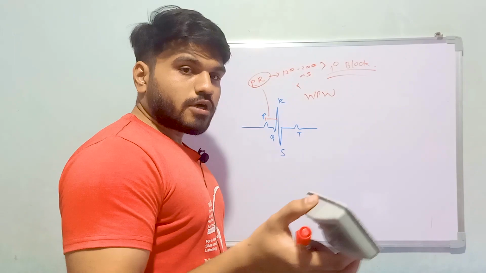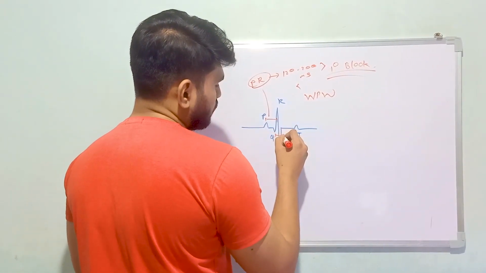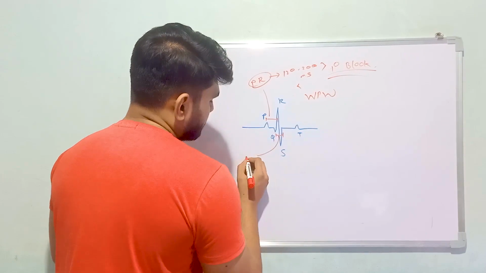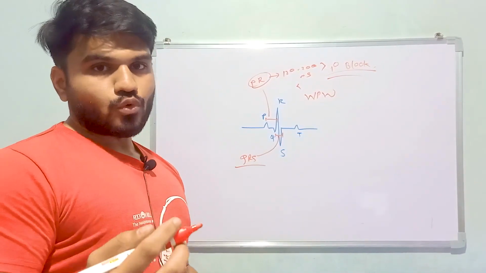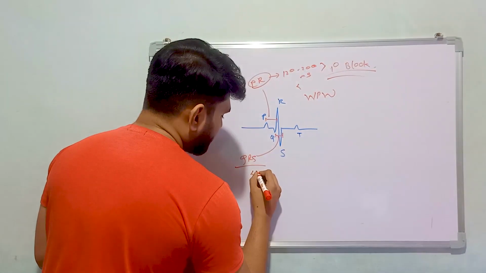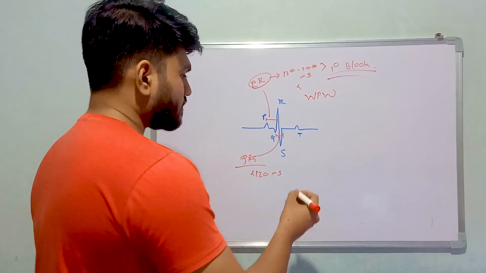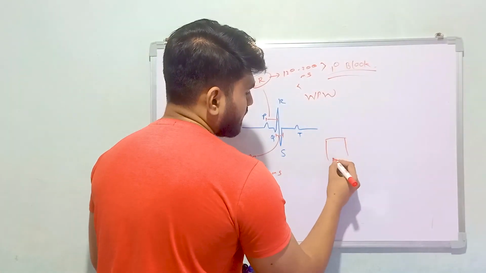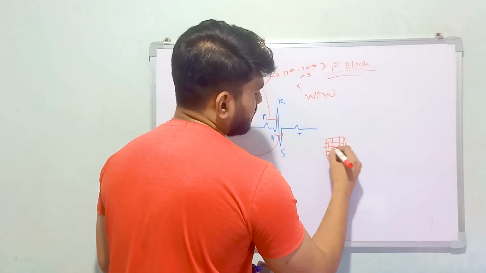So moving forward to another, our QRS interval. This is our QRS interval. The normal range of QRS interval is less than 120 millisecond. You know that we have a big box and inside it we have little boxes.